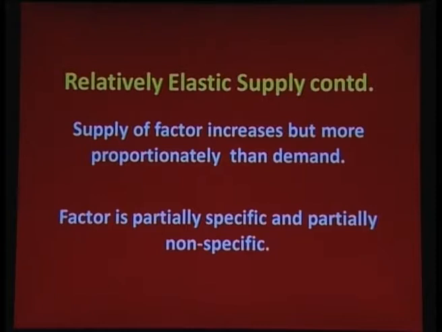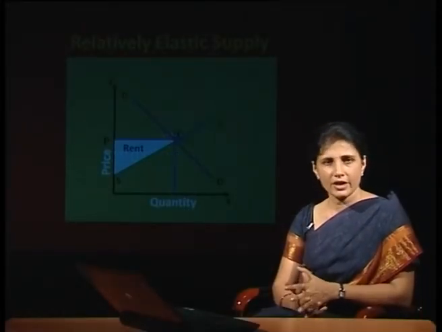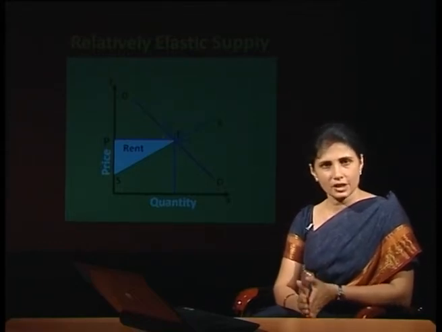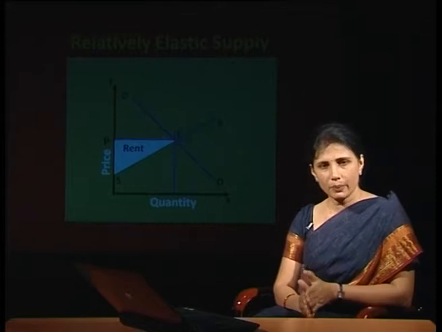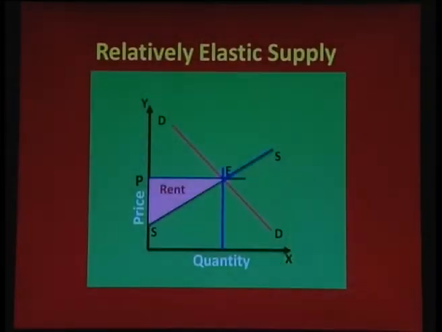This is the case when the supply of the factor of production is neither very elastic nor very inelastic. It is somewhere between inelastic and elastic. Now, the economic rent in this particular case will depend on the elasticity of the factor of production. As we can see here, again we are taking the same variables on the y axis and the x axis, that is price and quantity.